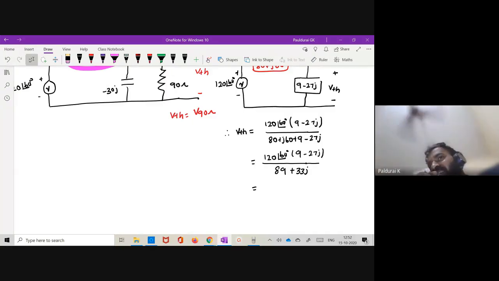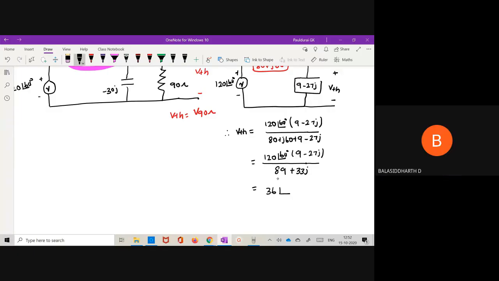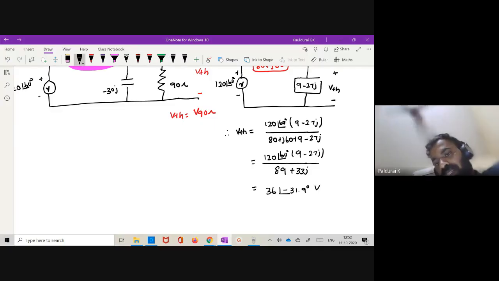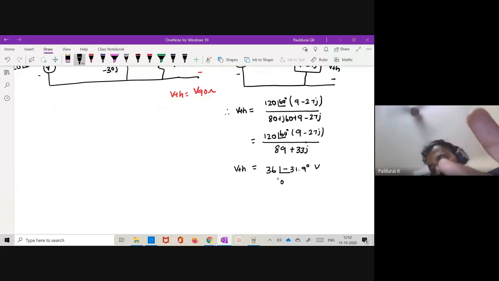What's the magnitude? 36. Very good. 36 at an angle of minus 31.9 degrees volt, right? This is my VTH. In terms of rectangular, if you want, you can write.